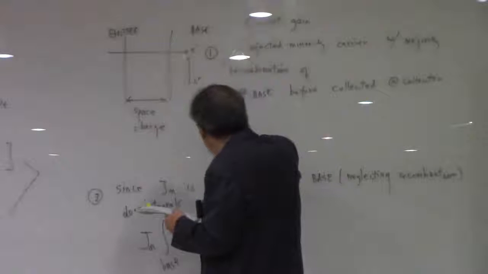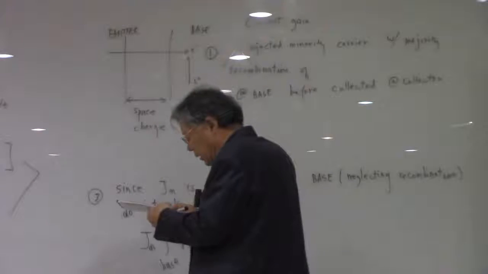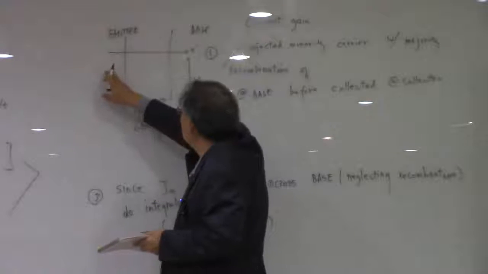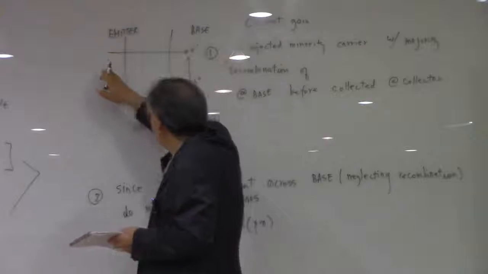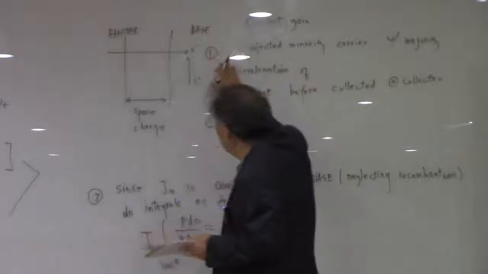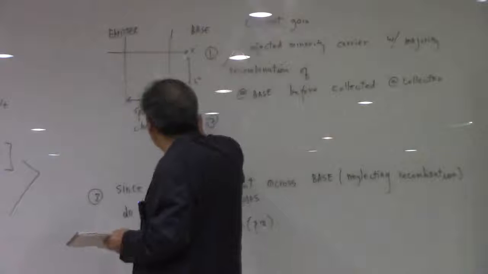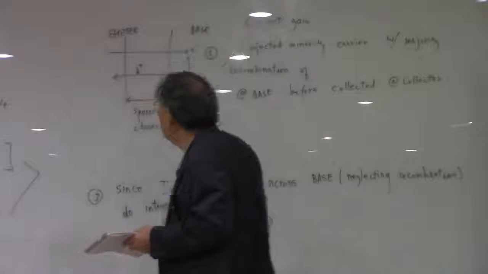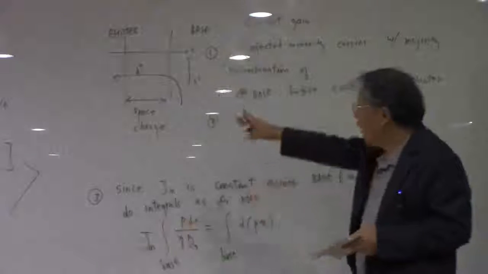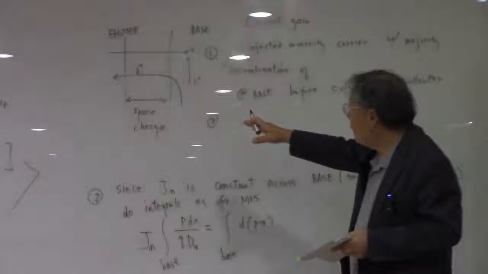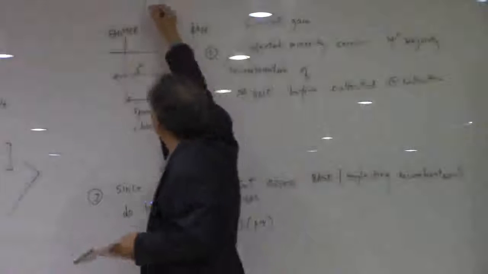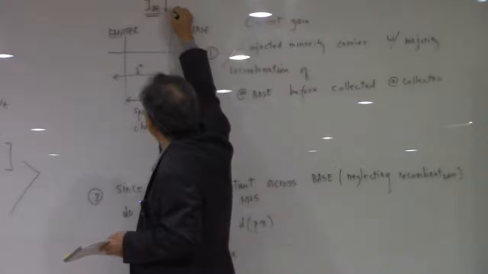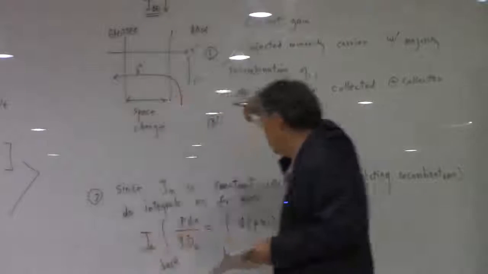Okay. Then the second term we have thought is when we apply the voltage between the emitter and the base, not only the electron is going to be injected to the base, but also the holes are going to be injected to the emitter, right? And we want this current, which is current between base and emitter, we want to make this as small as possible.